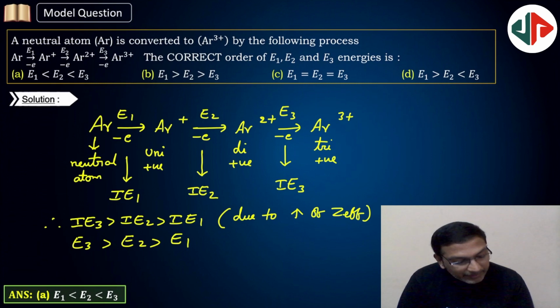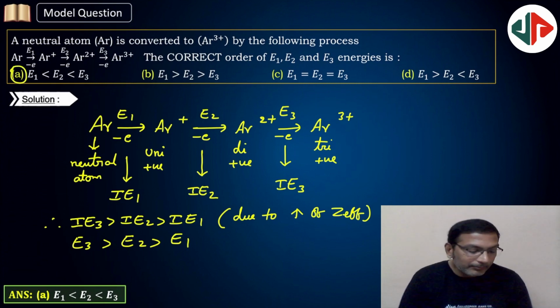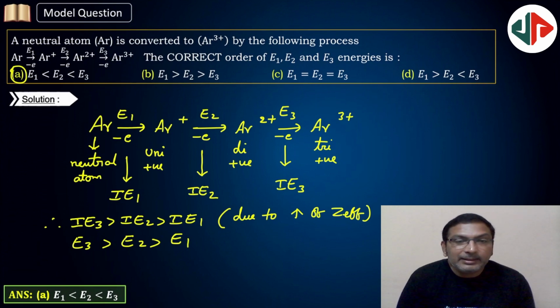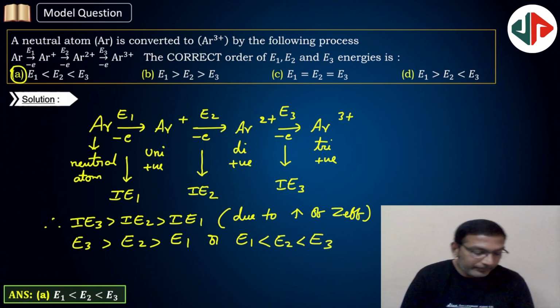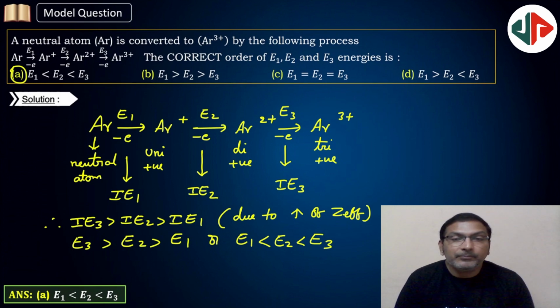Therefore option will be A. This is decreasing order E3 greater than E2 greater than E1, or we can write E1 less than E2 less than E3. When compared to first ionization, second increases; when compared to second, third increases, due to increase of Z effective nuclear charge for any element.